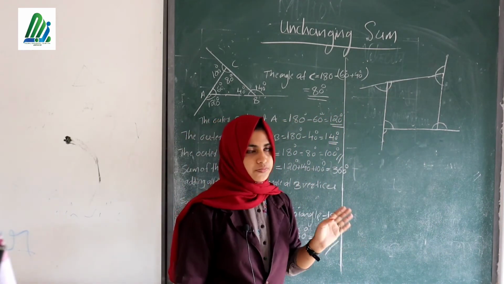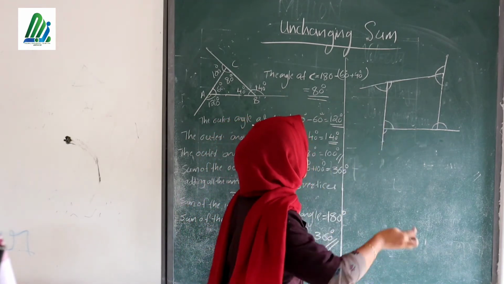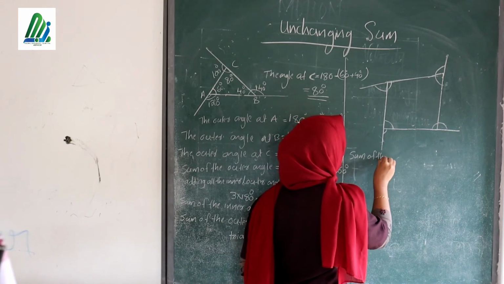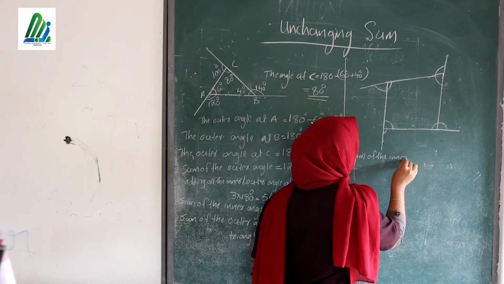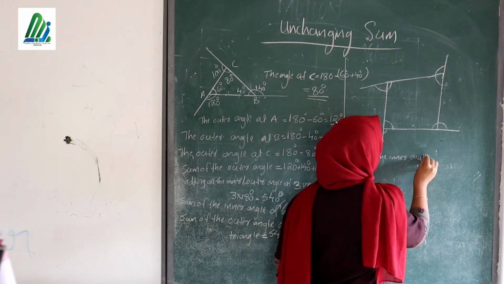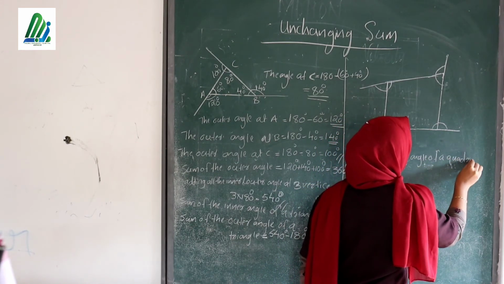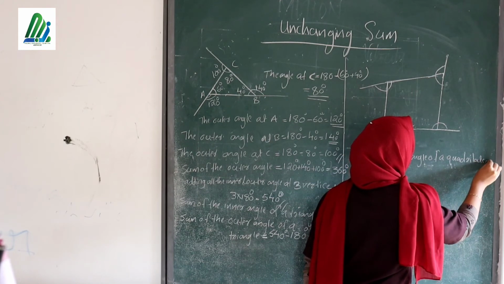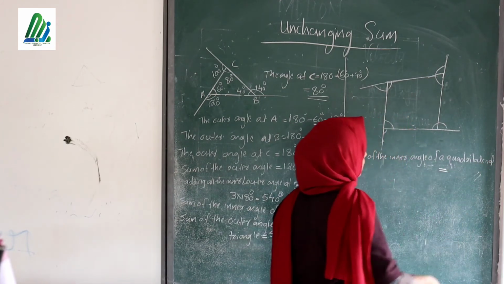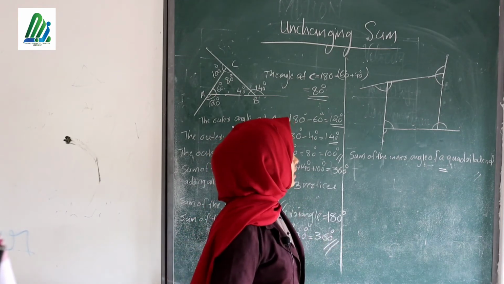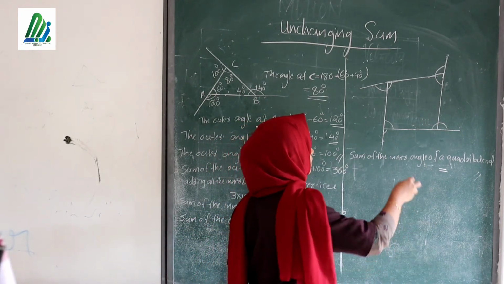We learned the sum of the inner angles of a quadrilateral in the previous section. So what is the sum of the inner angles of a quadrilateral?